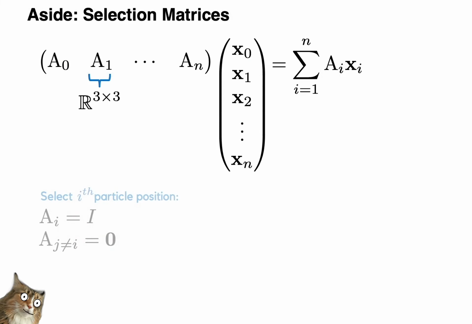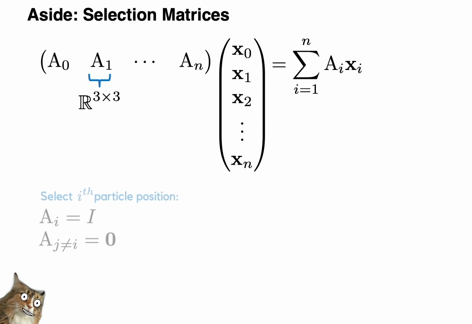To start, let's set the scene by reviewing what happens when we multiply a short and wide matrix with a column vector. What we get is the sum of each little submatrix multiplied by a portion of this larger vector. For our 3D points, if our submatrices, the A's on this slide, are 3 by 3 matrices, each matrix will multiply an individual particle position from our bunny.